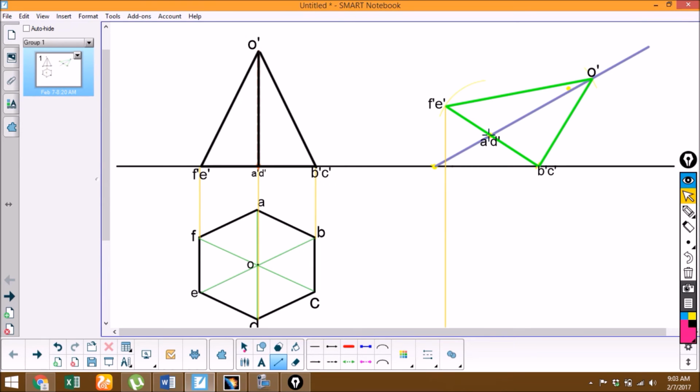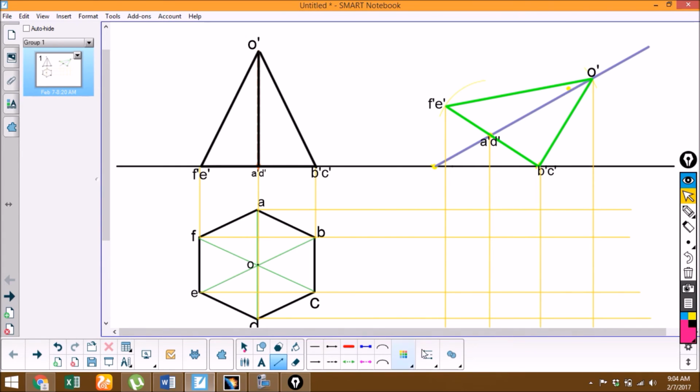So from F dash, C dash, A dash, D dash, and then B dash, C dash, and finally O dash. And also from the top view of step 1 we need to draw horizontal lines from each and every corner, from O also.